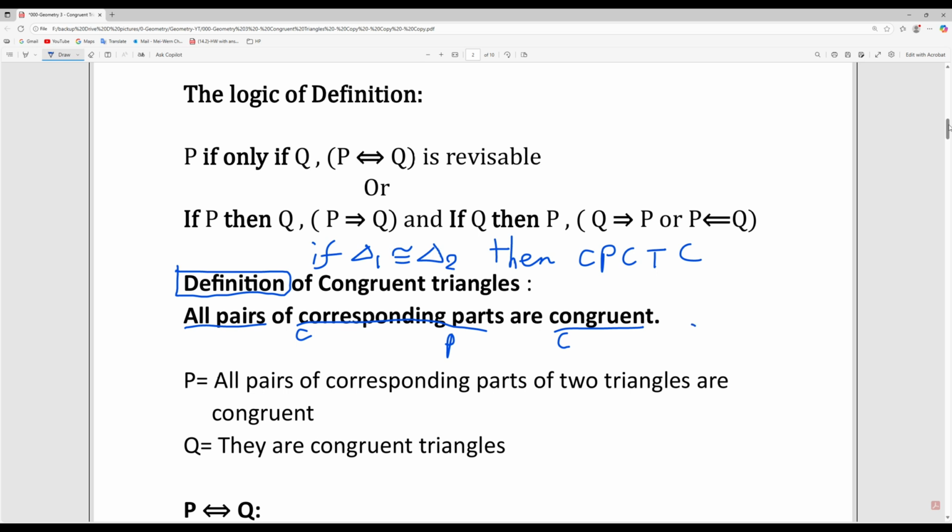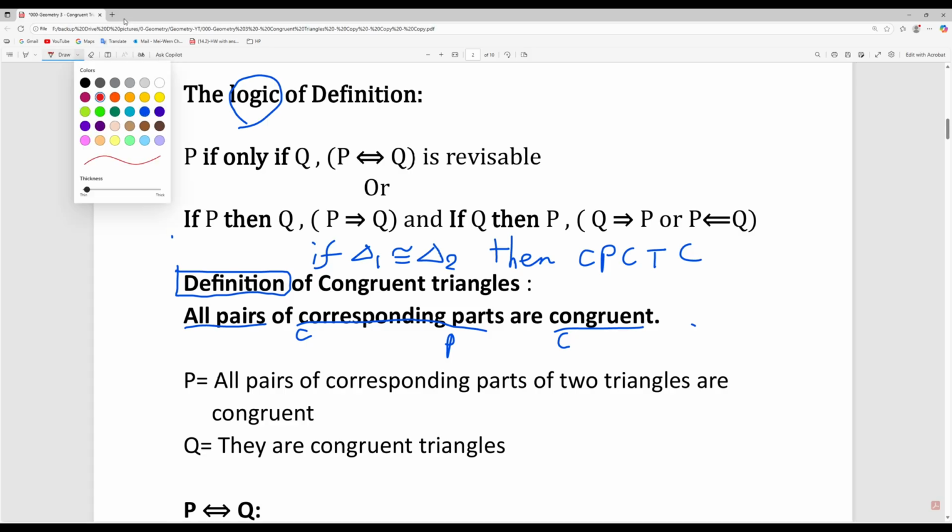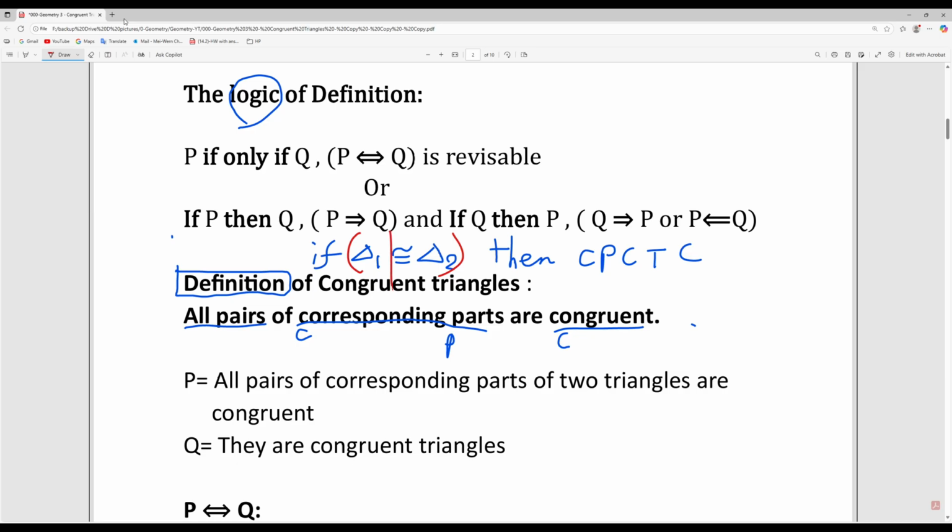Now, when we talk about the logic, if-then, let me use the first statement, I call it P, and the second statement, I call it Q. If-then, we can say if P, then Q. Obvious, right?